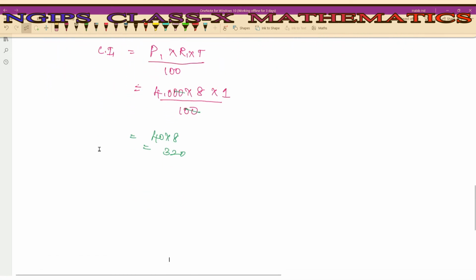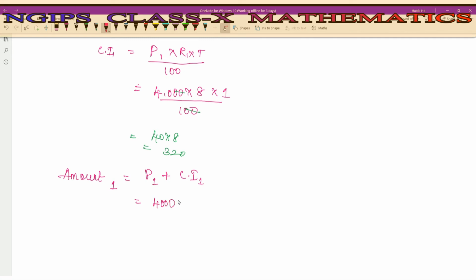So this is the compound interest. Now we need to calculate the amount. The amount for the first year is equal to the first year principal plus the first year compound interest. So the first year principal is 4,000.